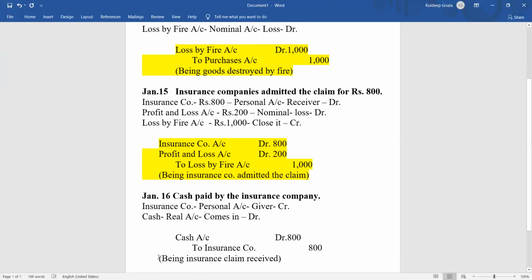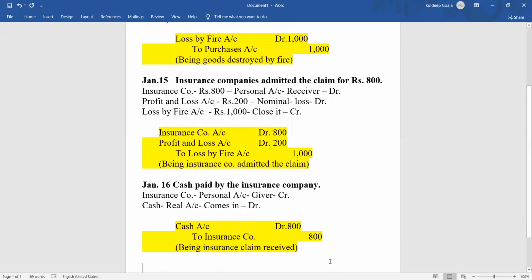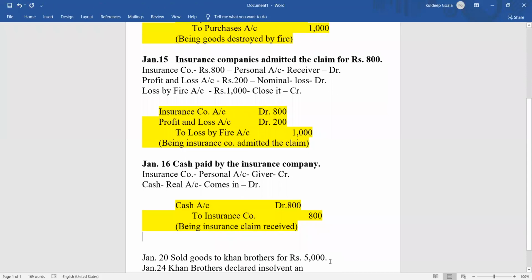Being insurance claim received. Okay, this is how your transaction will end up. Now we'll go with the next transaction.